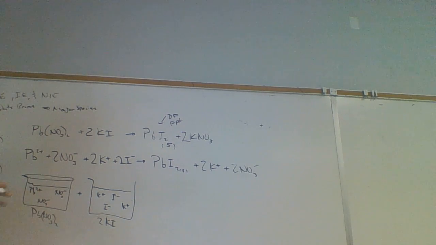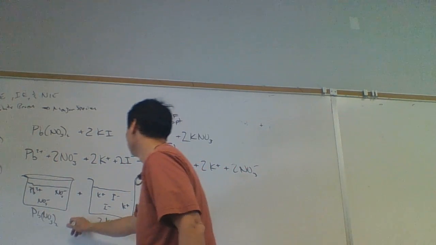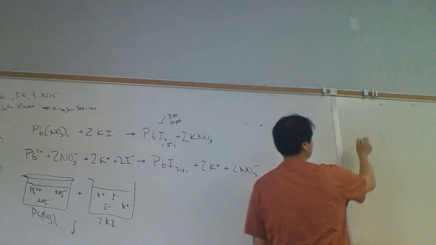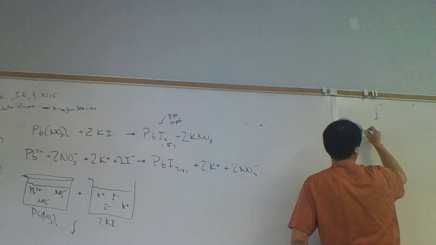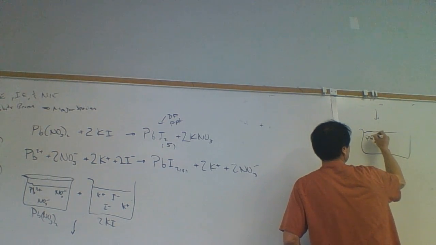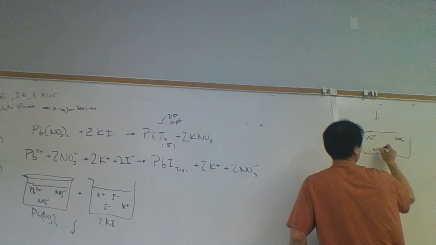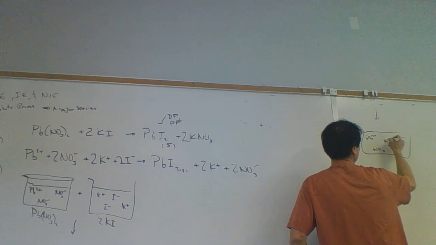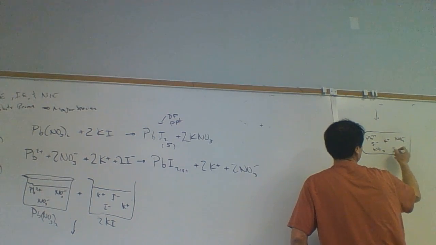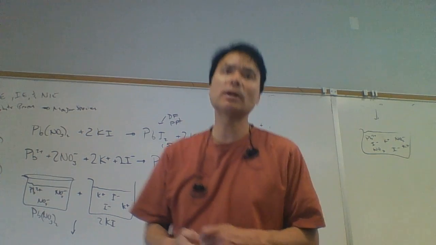Now what I'm going to do is take these 2 beakers and mix them together. If I combine the 2 beakers, I get my reaction mixture. The reaction mixture is going to consist of lead ions and nitrate ions and potassium ions and iodide ions. And then, what are metathesis reactions?